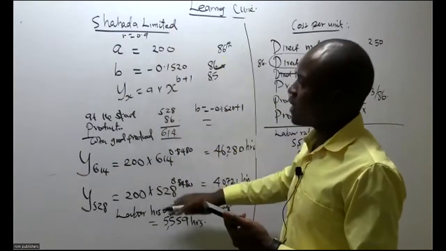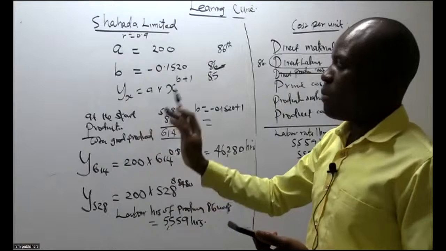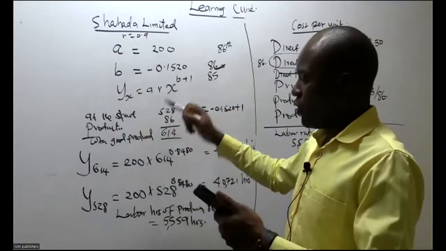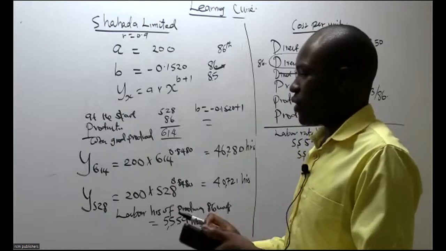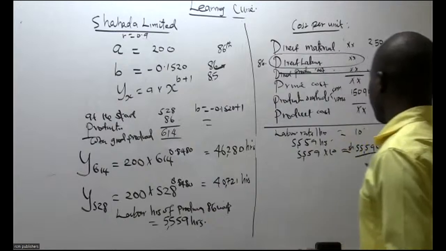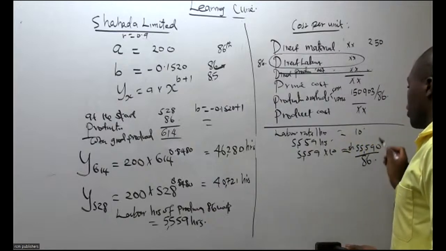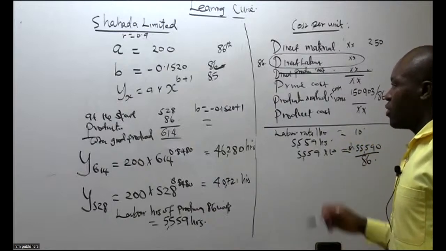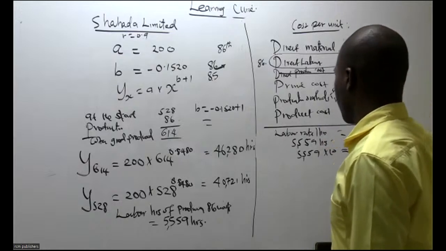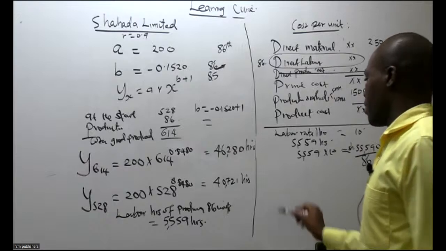Remember all this data is for the previous period. At the start of that previous period, they had 528. During the period, they managed to produce 86. So it is 86 units that were produced in that period. What was the average labor cost per unit?